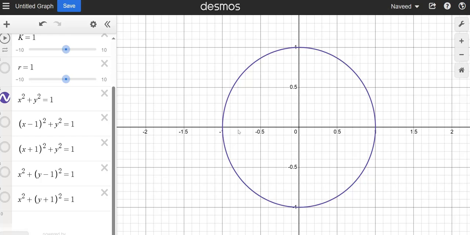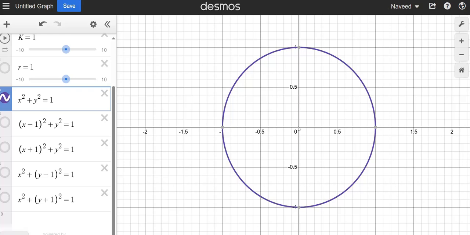So we want to play around with the characteristics and properties of a circle. First of all, from past grades, grade 2, 3, 4, 5, we know that a circle is created by tracing certain points that are always the same distance from another point, which in this case is a center.